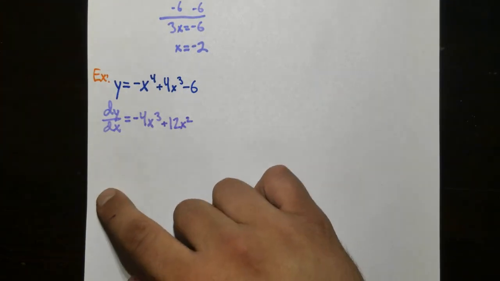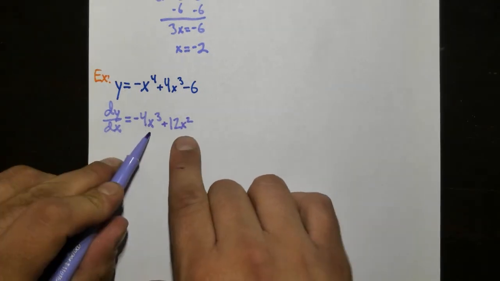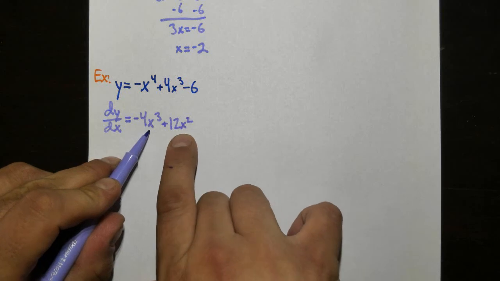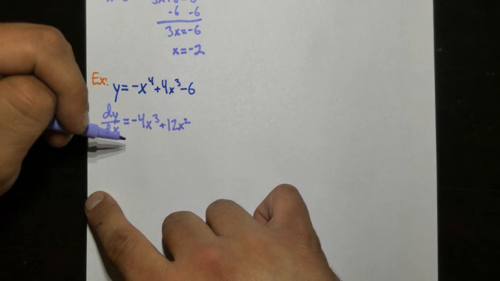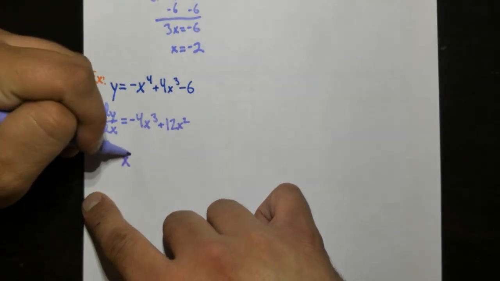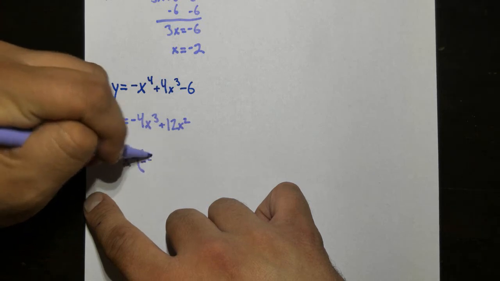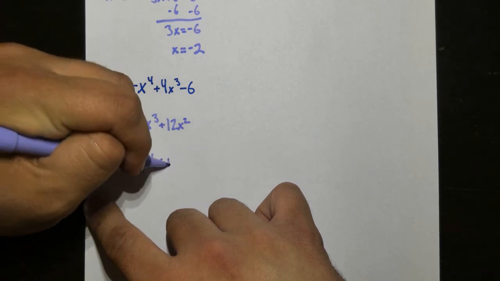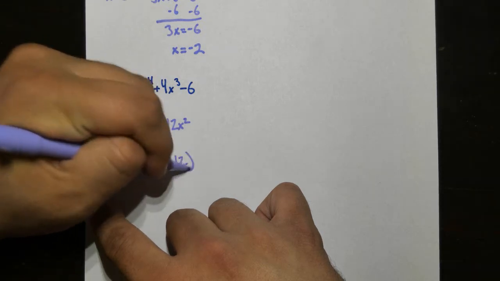So let's go ahead and now set this equal to 0, and it looks like we're going to factor this one as well. There's a lot of factoring in this one. So this time I'm going to factor out just an x squared. I'm feeling lazy again. So we're going to have negative 4x plus 12 equals 0.